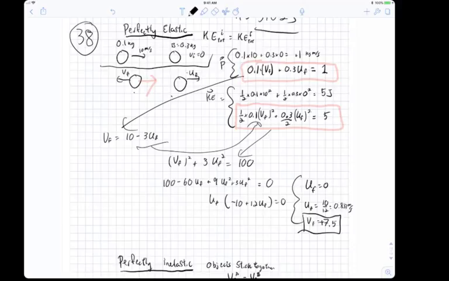And there's 100 on this side. And they cancel out. And you get this is minus 60. So 60 over 12. That's 5 meters per second.